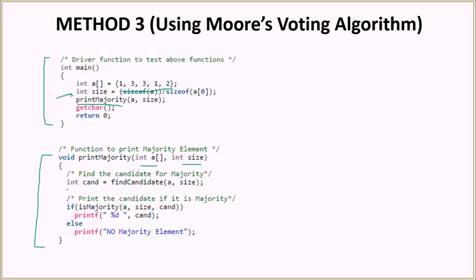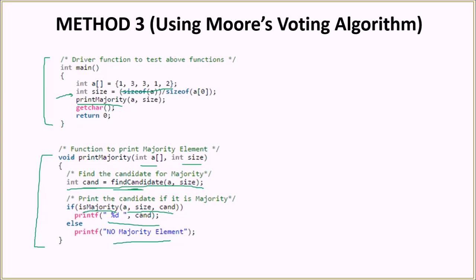We first of all find a candidate by calling the function findCandidate. Once we get that candidate, we check if it's a majority element. So here we pass the array, the size of the array, and the candidate. If it is the majority element, we print that element. Otherwise, we print that there is no majority element.